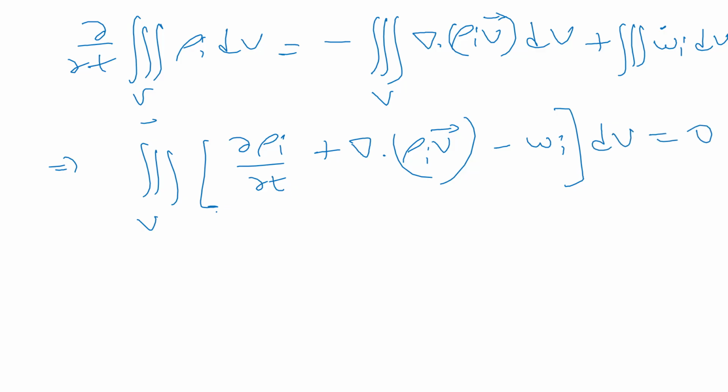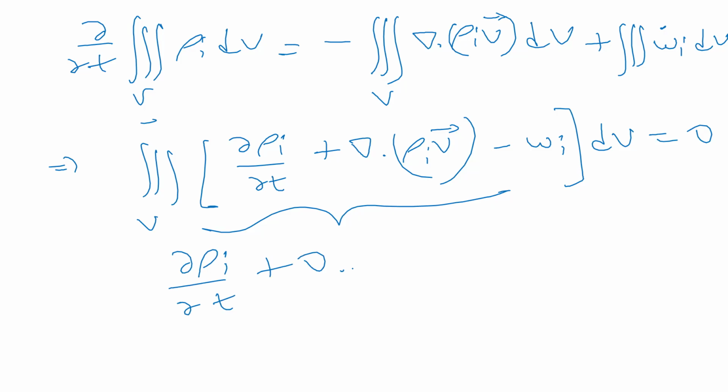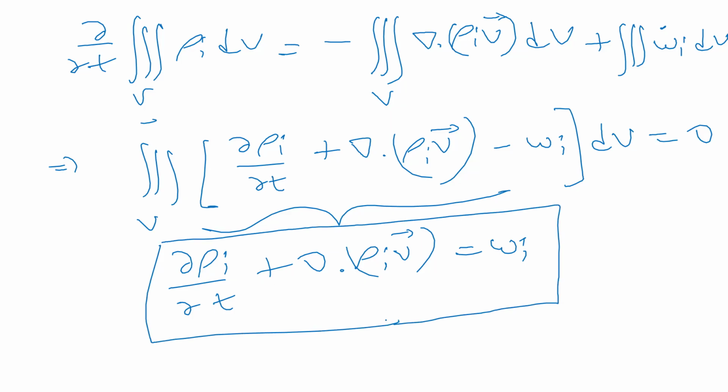For it to be 0, this term should be 0. We will get dou rho I by dou t plus del dot rho I v vector equal to w I. This is the species conservation equation.